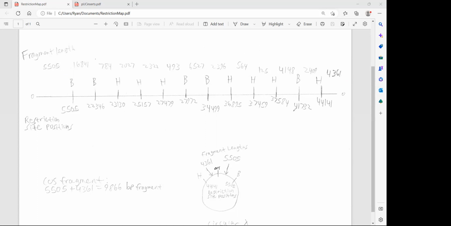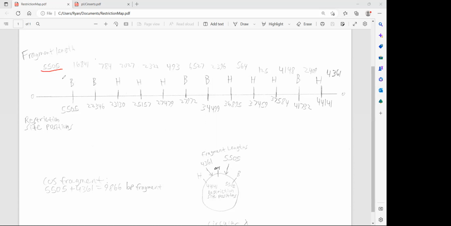So after your third one, which would be 6,527 base pair, the fourth one, I got this 5,000 because that's the next smallest.